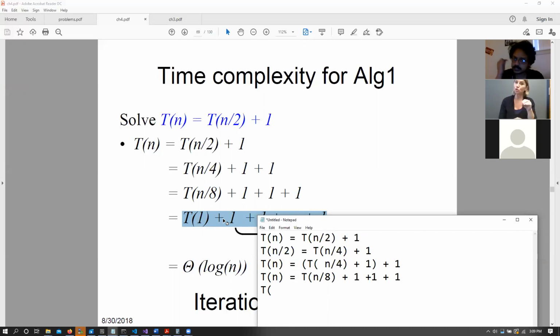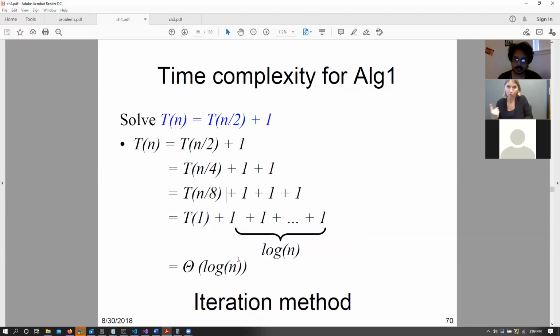So we do see some pattern here. Can someone tell me what would be T(n) if we are trying to do T(n/16)? How many ones would I need? 4. And how did we get to that value of 4? Because every time we are halving the number of n's and we are adding 1.